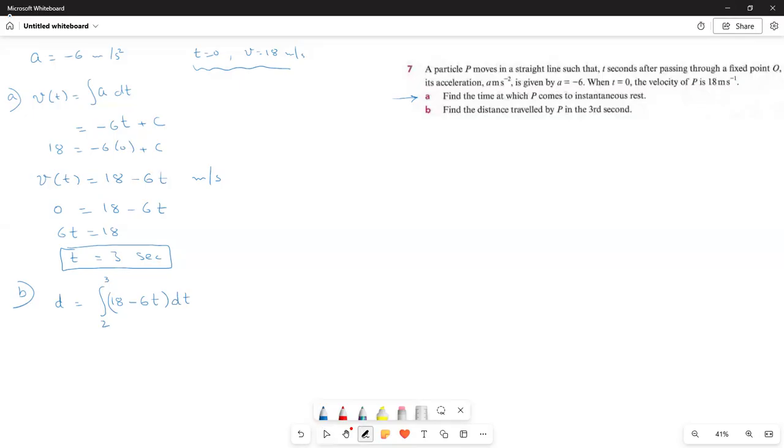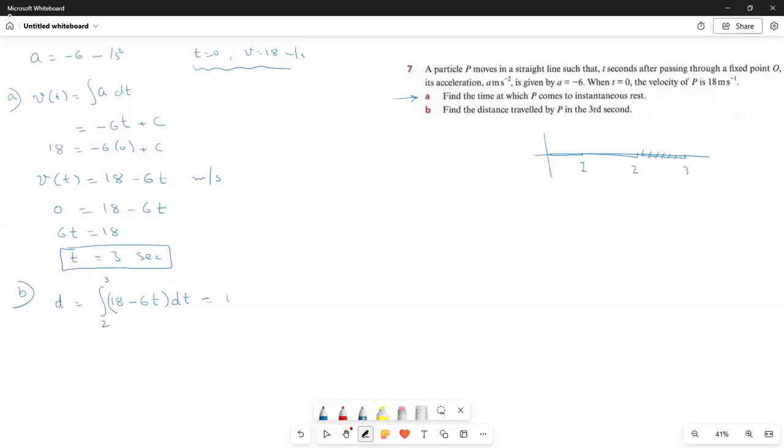If somebody asks me to find the distance traveled in the first second, the first second starts from 0 to 1, right? The second second is from 1 to 2. So the third second starts from 2 and goes up to 3. So this is the third second. I need to integrate this thing.